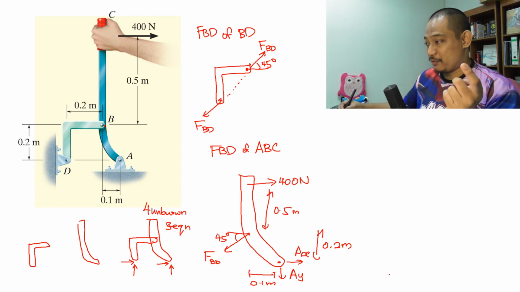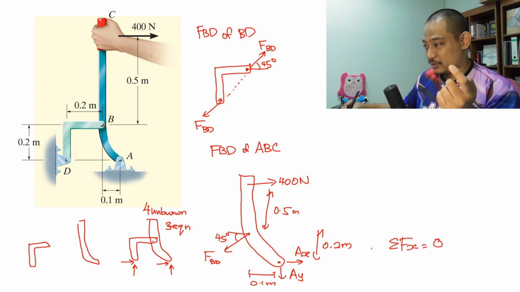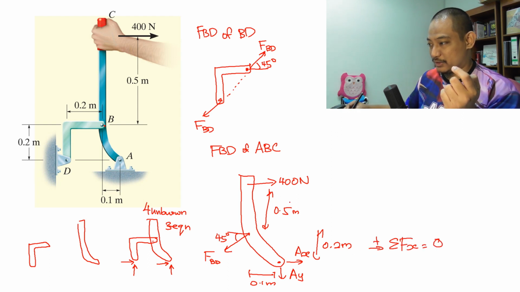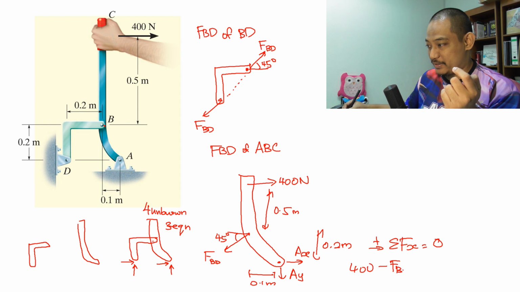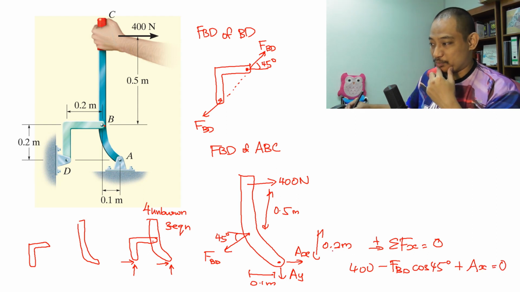For example, when you do summation of Fx equal to 0, let's say positive towards the right, and then you have 400 here, for example, and then for this one we'll have minus FBD cos 45 degrees, right? And then plus AX equal to 0. Now, AX should be here, FBD should be here, 45 degrees should be here, right? So that's one way to understand what elements should be here.